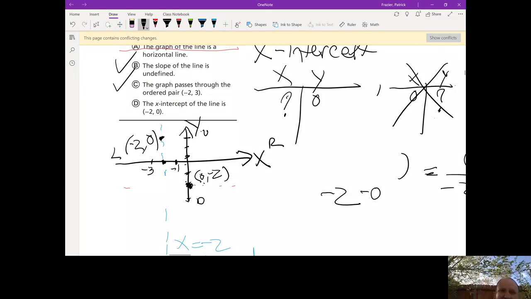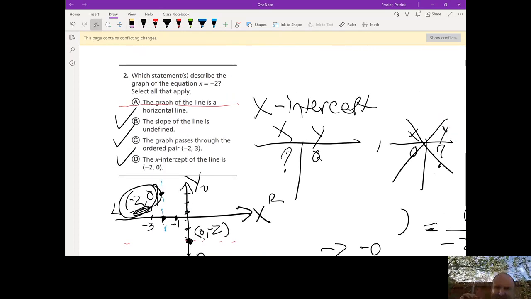There is a y-axis, but this graph never crosses the y-axis. It does definitely cross the x-axis, and when y equals 0, x equals -2 right over here, this point here. That is the x-intercept. So D is correct, C is correct, B is correct, and A is not.